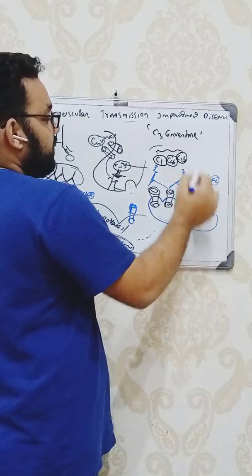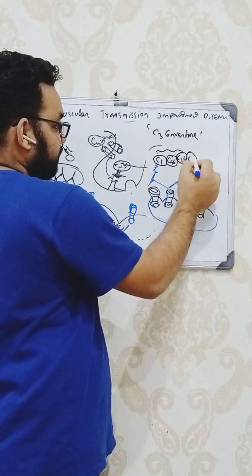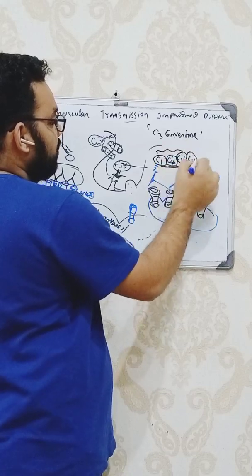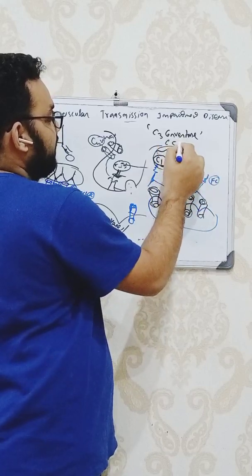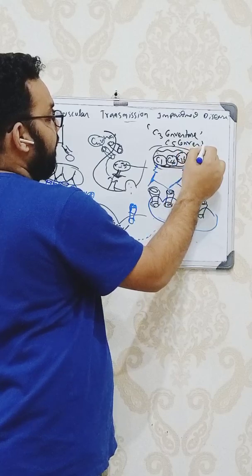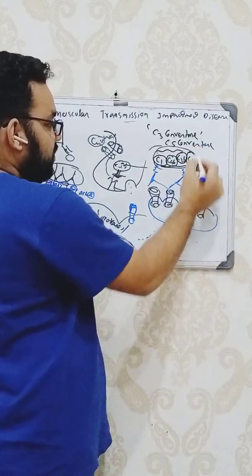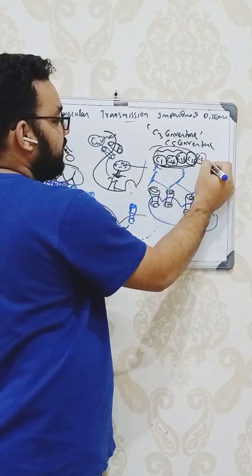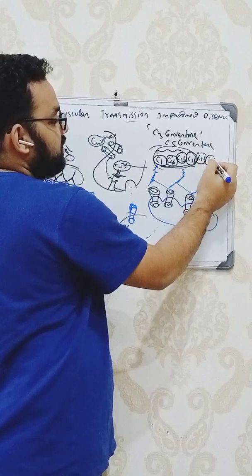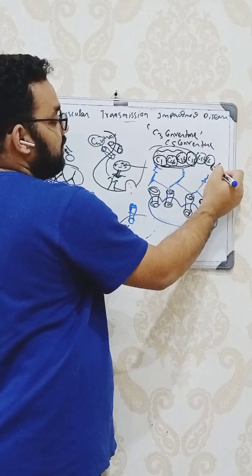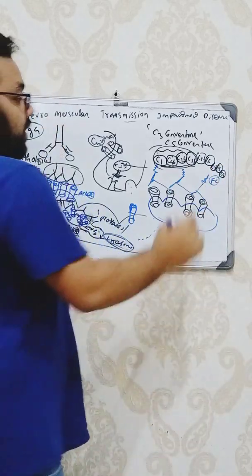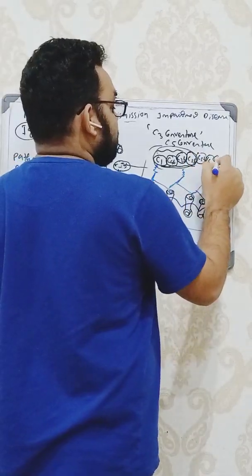Whenever the C3 convertase is there, then C3 will get bound. Then this will form the C5 convertase. And whenever the C5 convertase is produced, we'll see the attaching of C5b. After that, we'll see C6, C7, C8, and C9. These complement proteins will get attached together.